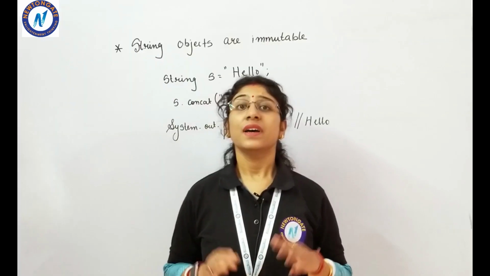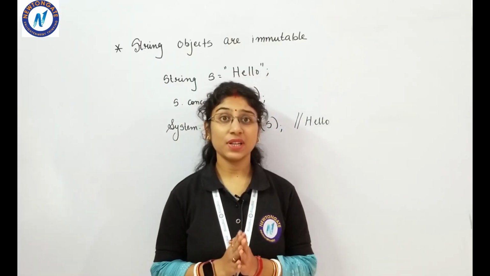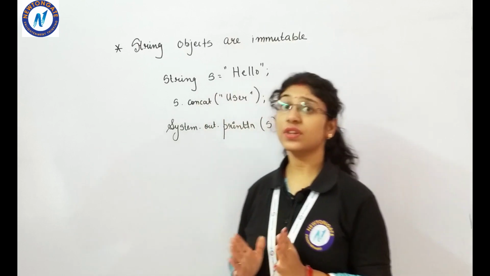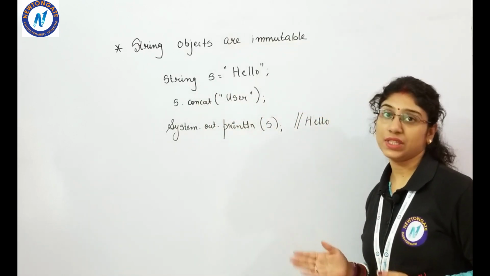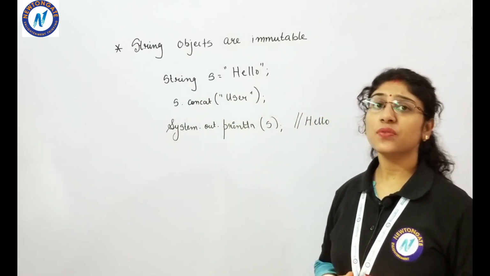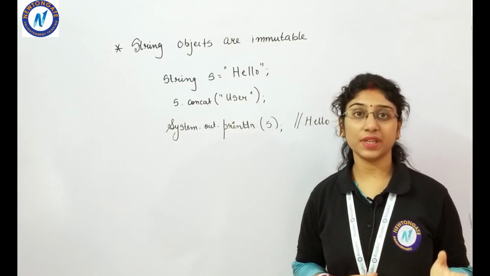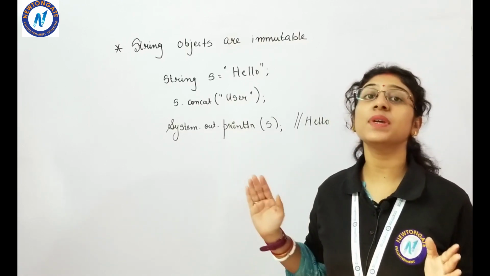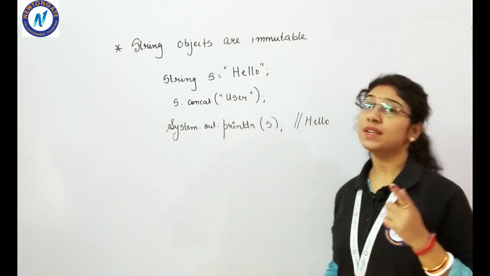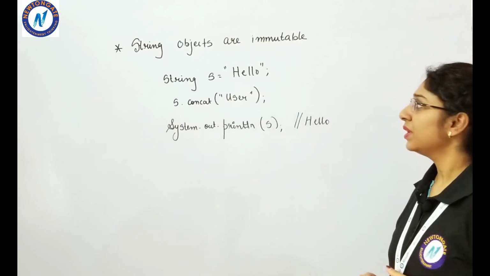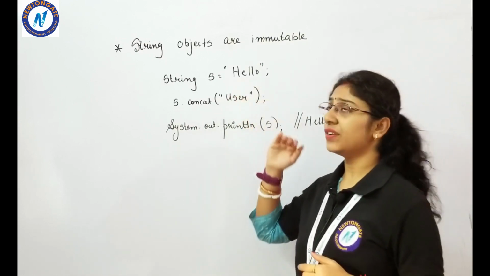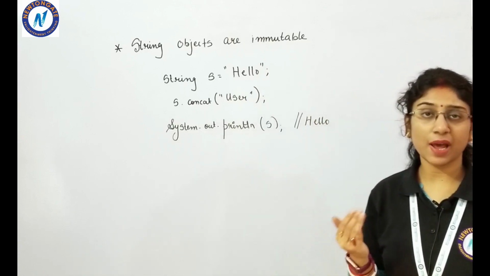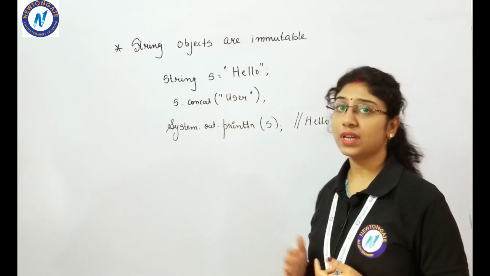Okay. Now the next important point about string is that string objects are immutable in nature. Immutable means once a string object is created, its state cannot be changed. How? Let's understand with the help of an example. Here you can see that I have created one object using a string literal method, String s equals to hello.